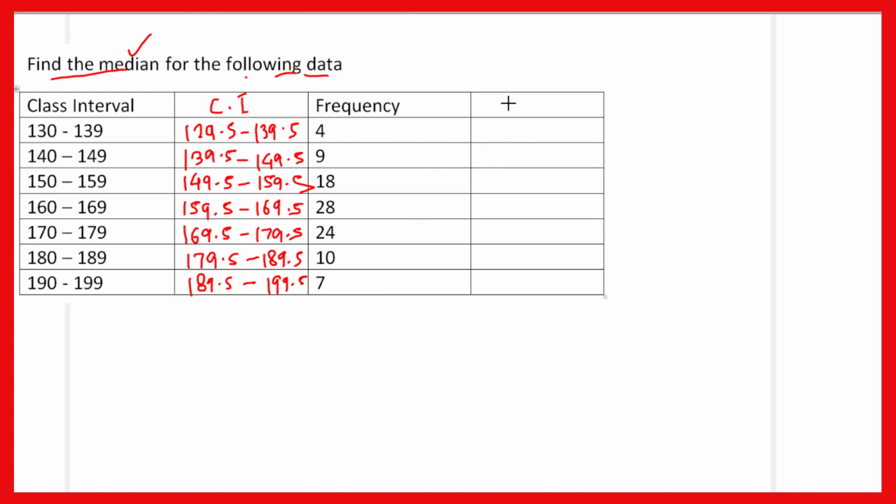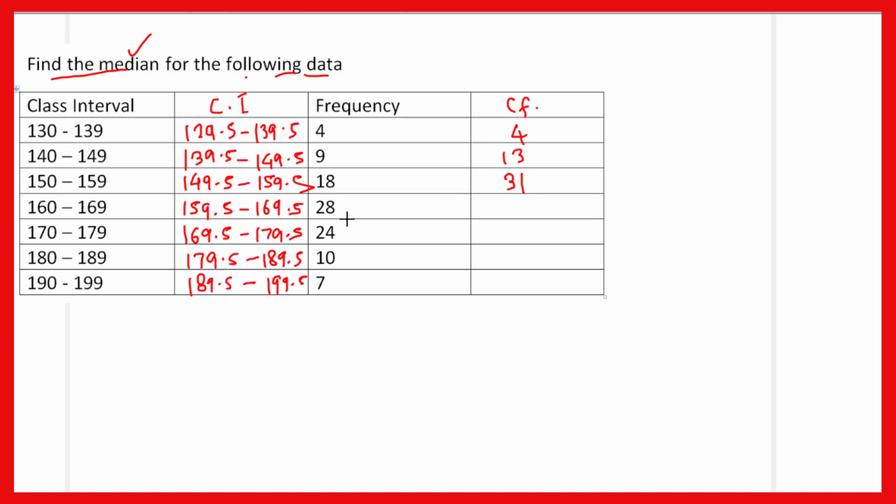And to find the median, we first find the cumulative frequency. So cumulative frequency, we first write for frequency as it is, then go on adding the cumulative frequency with the next frequency. So 4 and 9, that will be 13. Then 13 and 18, that will be 31.